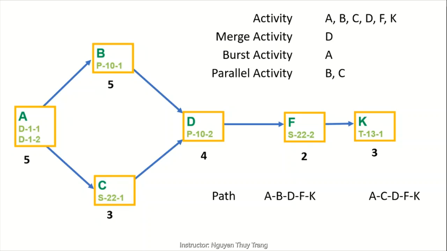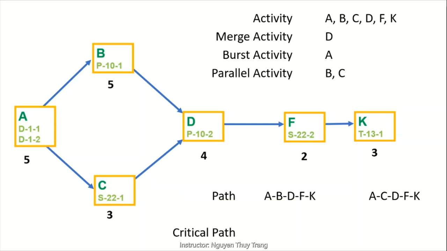Finally, we come to the term critical path. It is the path with the longest duration through the network. Sometimes there is more than one critical path. Let's take a look at the example one more time. We have two paths here.